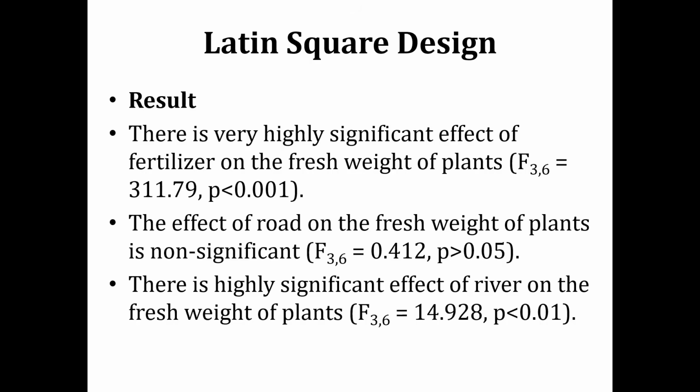So we have 3 basic types of experimental designs. In CRD, there is only one major source of variation, which is treatment. So in total we have 2 sources of variation: treatment and the experimental error.